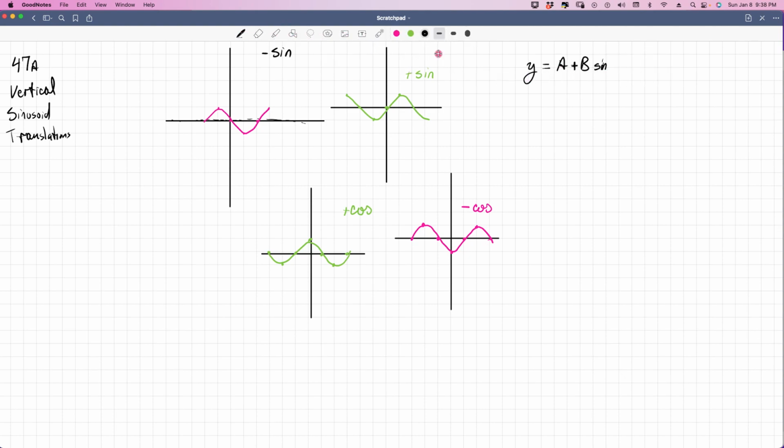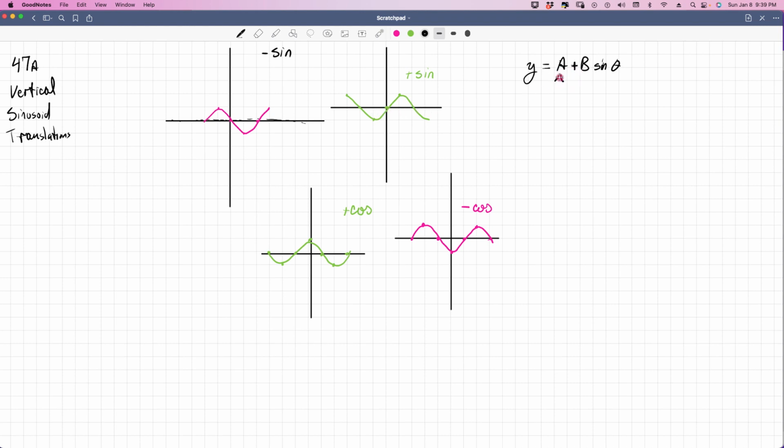We are doing this today. We are adding the A. What we've been doing is B being the amplitude of the sine, because all of these are centered right on the x-axis, at the origin, right? So there is no A when we do these.